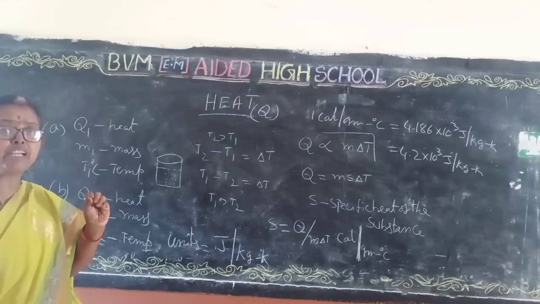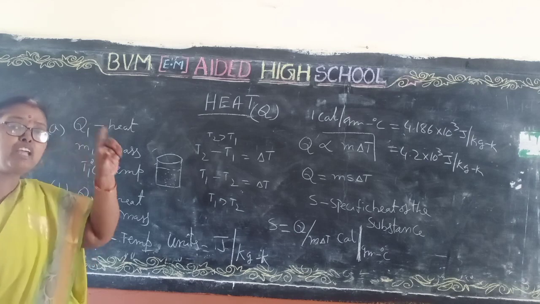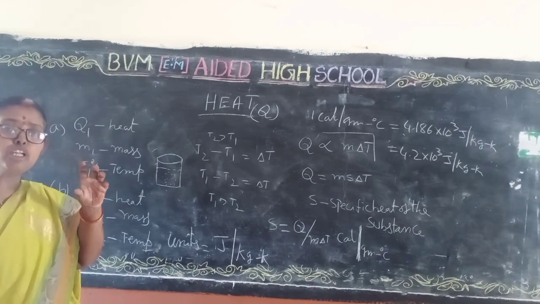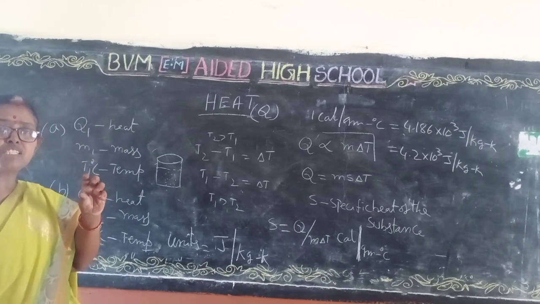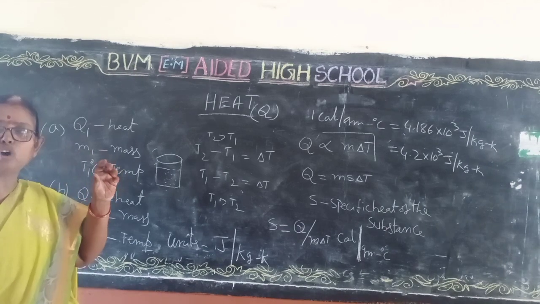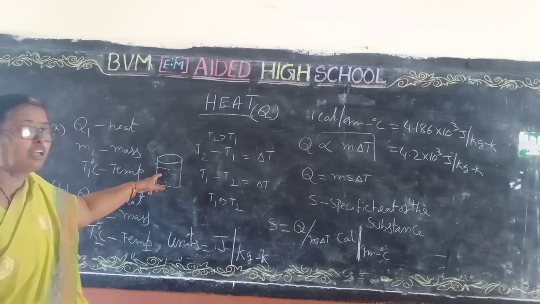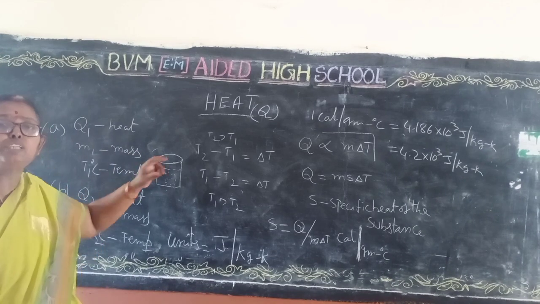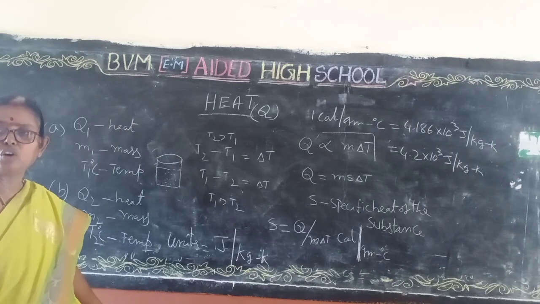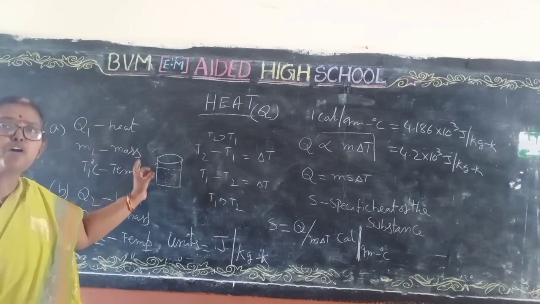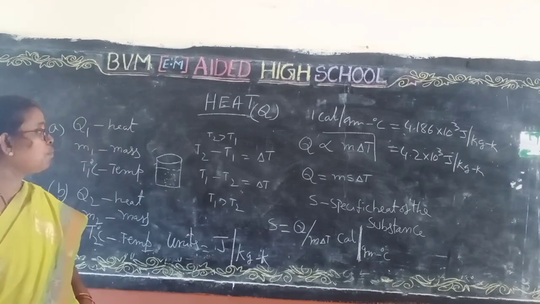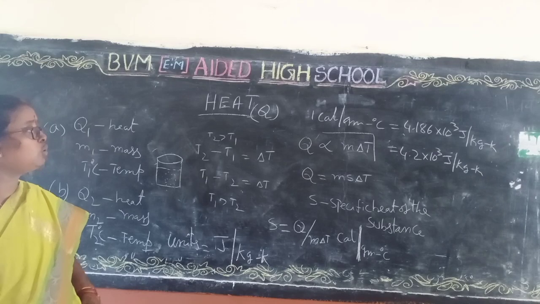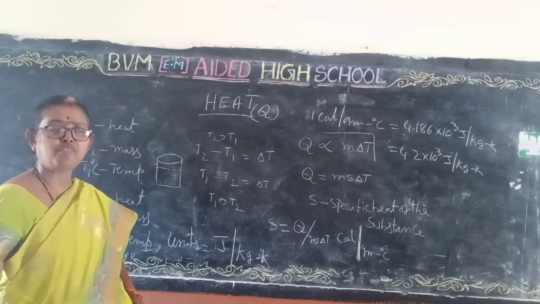You should keep in mind that all of this combined in a substance is the total internal energy, which is nothing but the sum of these energies. Based on this, we'll write down a simple equation, a simple derivation.